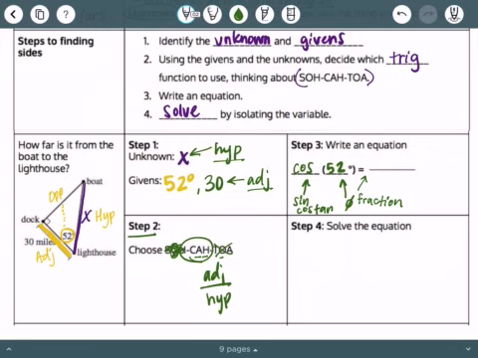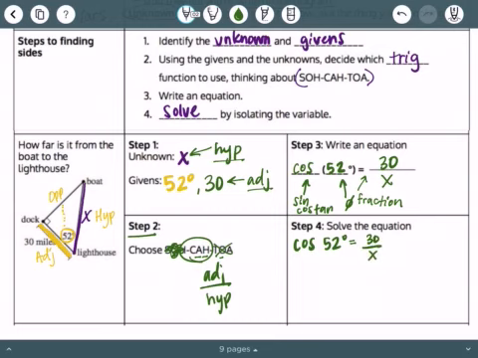So I'm going to use my adjacent, which is 30, over my hypotenuse, which is x. Now I have a completed equation. I'm going to write that in my box for step 4. Cosine 52 degrees is equal to 30 over x.